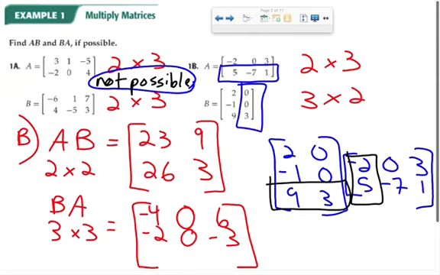Nine times negative 2 plus 3 times 5 is negative 3. 9 times 0 plus 3 times negative 7, negative 21. Finally, 9 times 3 plus 3 times 1. And there's the product of those two matrices.